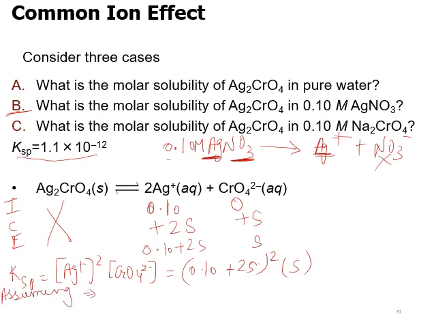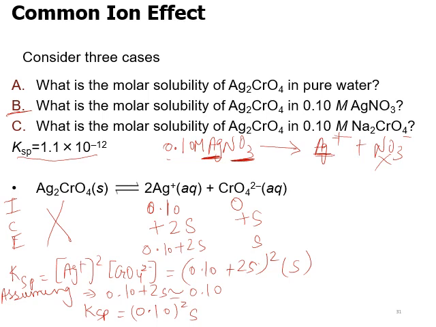Since our Ksp is a really small number, 10 raised to the minus 12, we can assume that the value of s is really small, meaning 2s is really small. So we can assume that 0.10 plus 2s is the same as 0.10. Now our expression for Ksp is reduced to Ksp equals 0.10 squared times s.